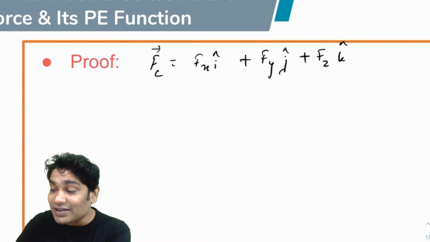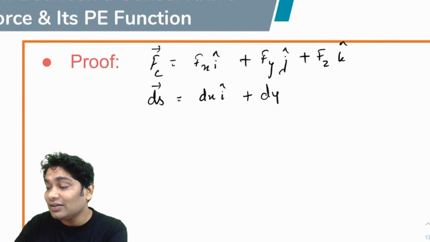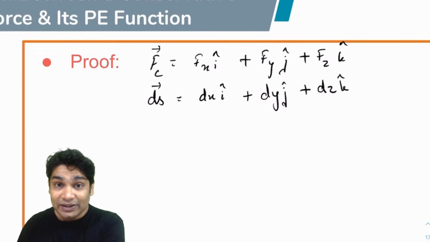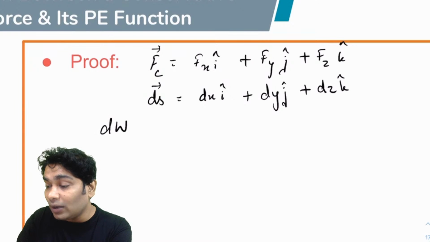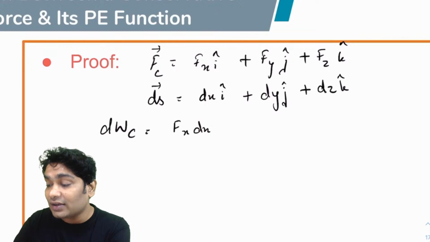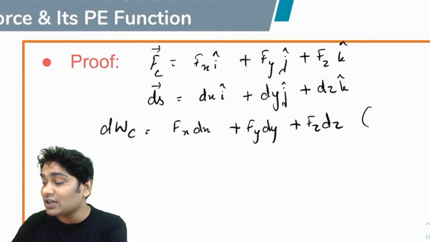Now let's imagine it undergoes a small displacement ds vector, which is given by dx i cap plus dy j cap plus dz k cap.